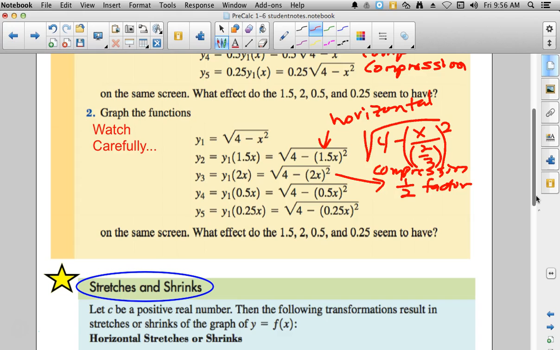They divided by 2, which would be a stretch. So this one would be a horizontal stretch factor of 2, because when we divide by 2, we're really multiplying by 1/2.